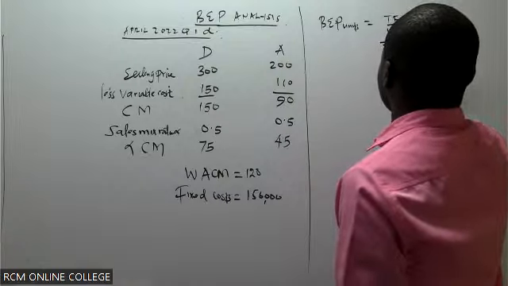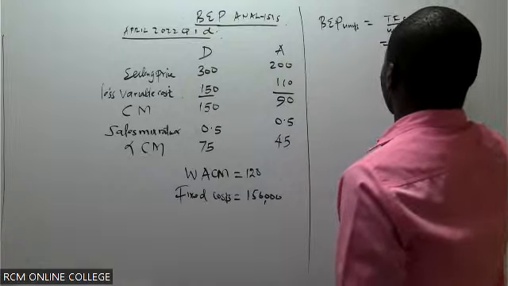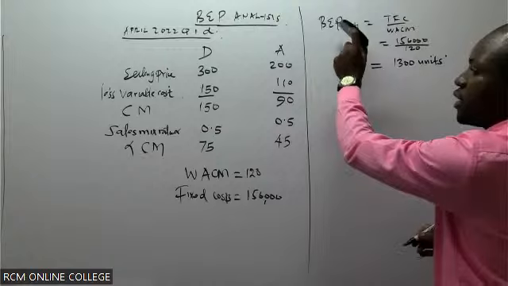That is 156,000. You divide by 120. If that is done, what are we having here? 1300 units. That is the break-even point in units.